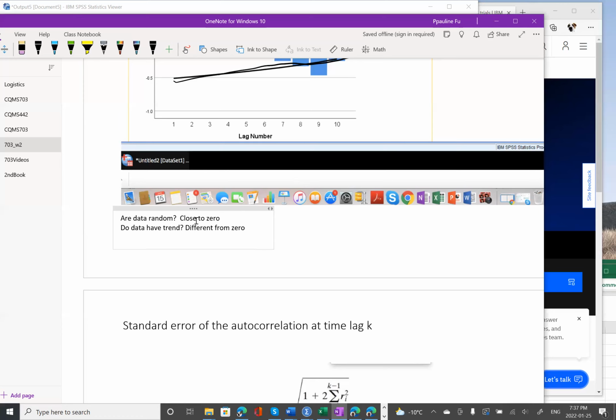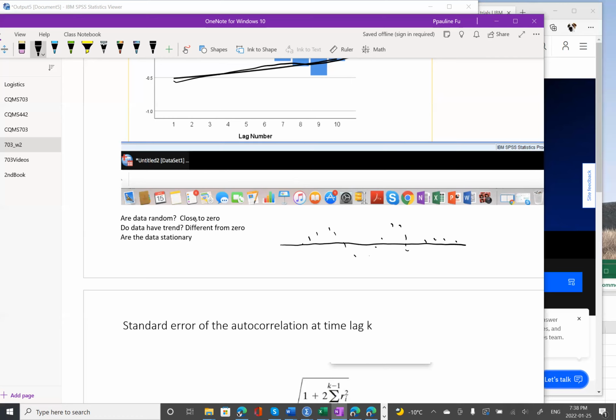So we also ask the question, are the data stationary? What is stationary data? Stationary data is data whose mean and standard deviation stay constant around a horizontal line. For example, if I give you some data like this, it might be stationary because it varies around the horizontal line.